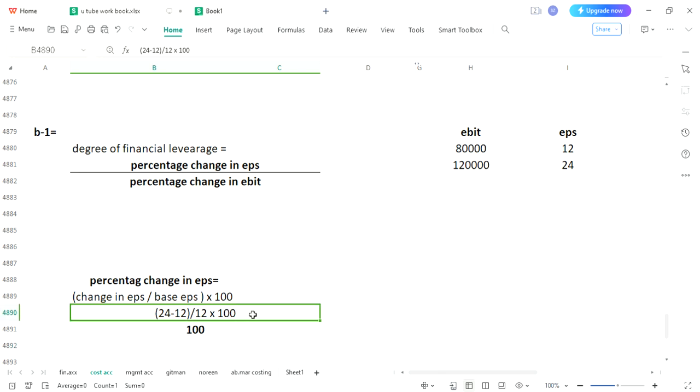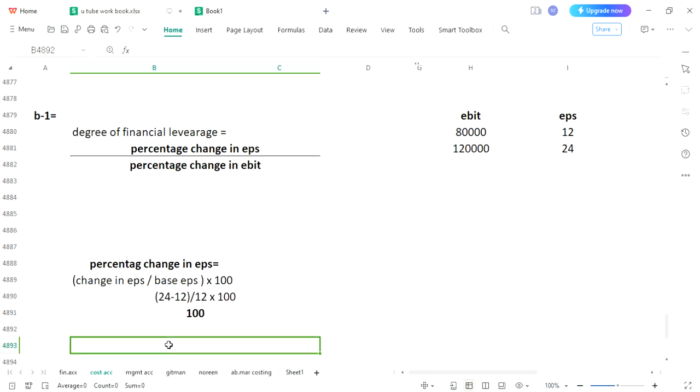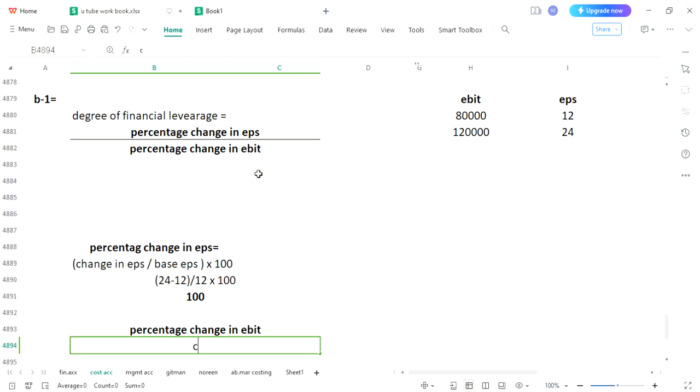And now you will calculate the second percentage change. Look at the formula: degree of financial leverage, percentage change in EPS, and percentage change in EBIT. Now we will calculate percentage change in EBIT. The formula would be similar: percentage change in EBIT equals change in EBIT divided by base EBIT, and finally you will multiply it with 100.